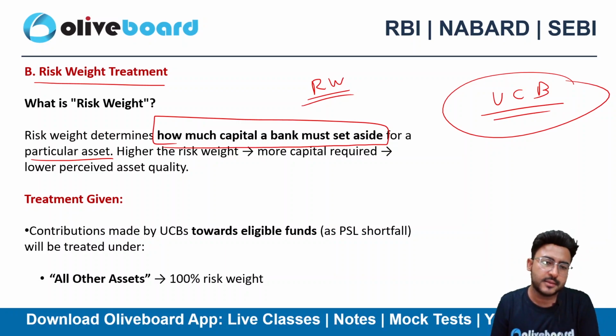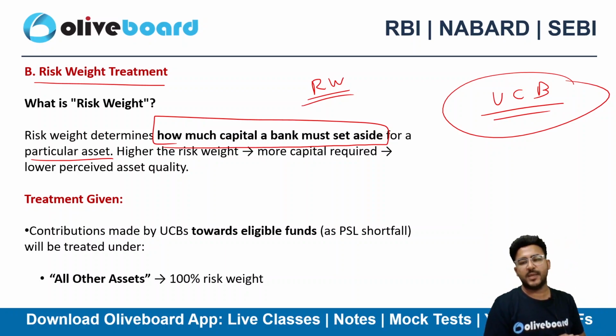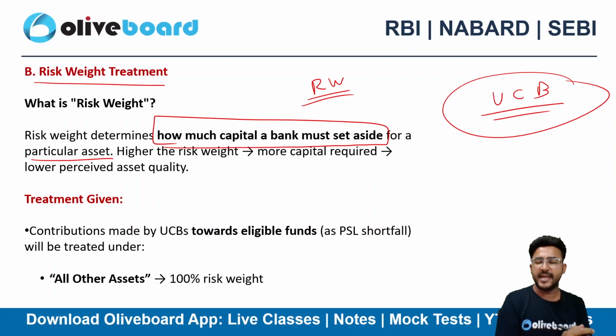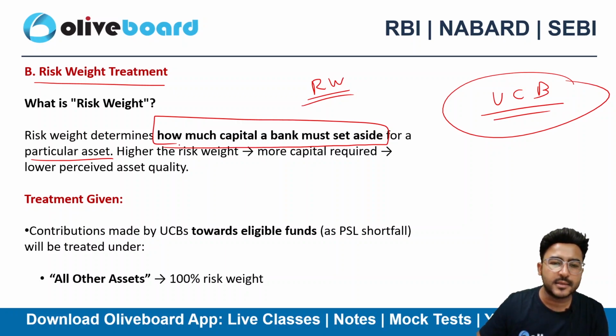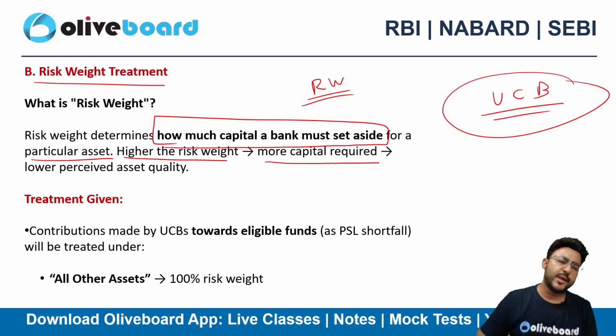Against this asset we need to create a risk weight, and a capital must be set aside. That is what we call the capital adequacy ratio. Higher the risk weight, more capital is required. Obviously, the more risk you take, the more CRAR you have to maintain.